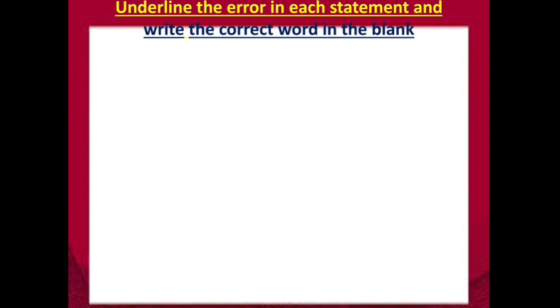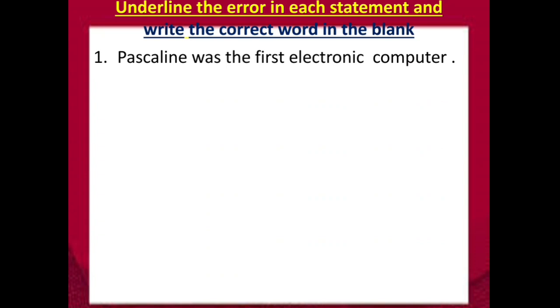Okay. Now the next one: underline the error in each statement and write the correct word in the blanks. Your first question: Pascal line was the first electronic computer. Here the error word is electronic.